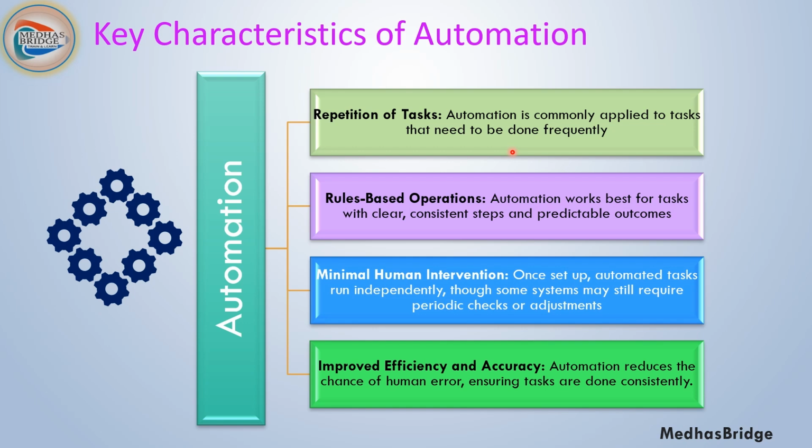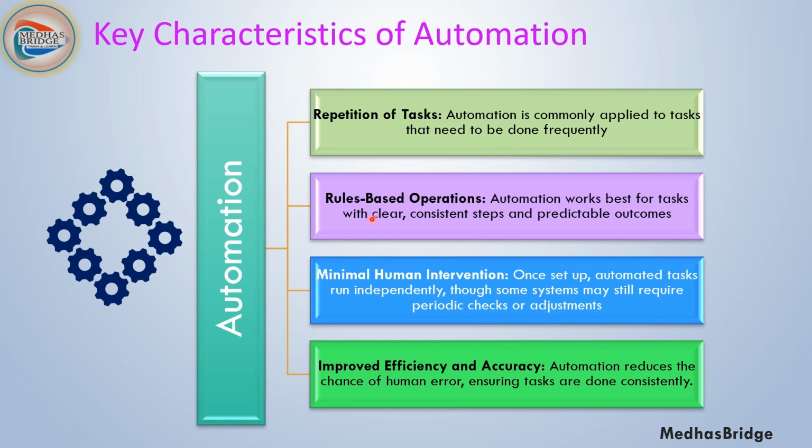When we are trying to perform the same task over and over again, then the repetition task can be automated. That is an opportunity for you to implement automation in that area.